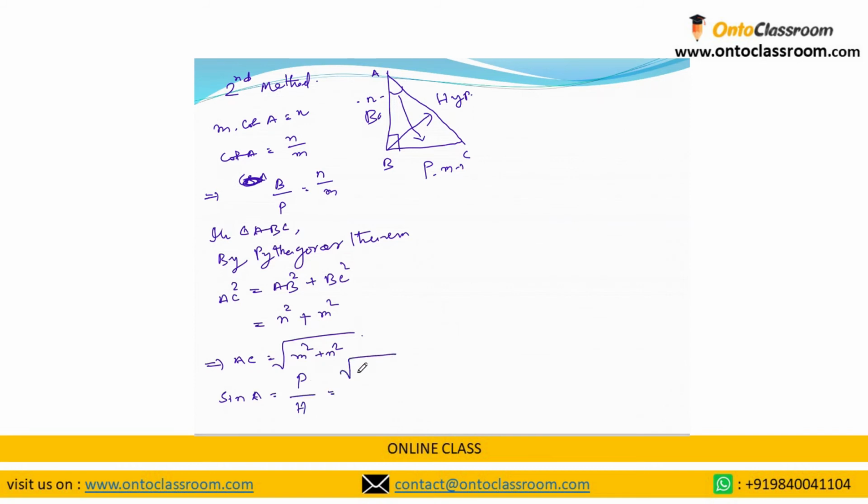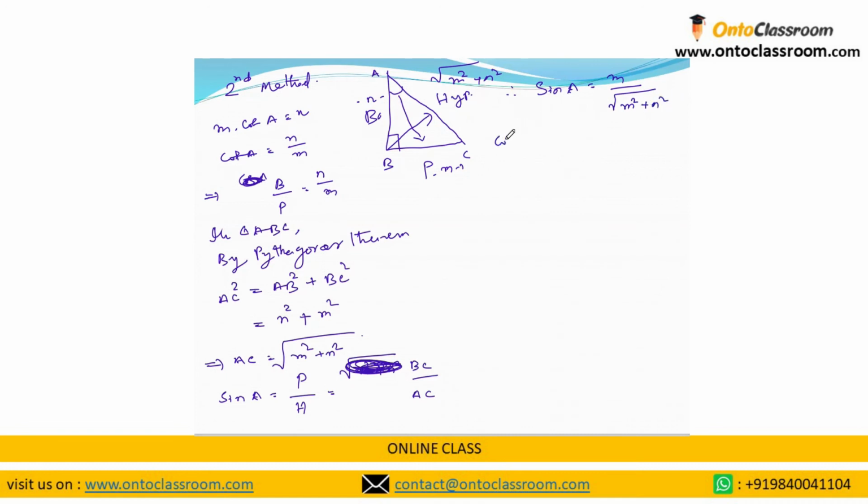Perpendicular should be BC, and hypotenuse is AC. So sin A equals BC, which is m, divided by AC, the hypotenuse, so you are getting m divided by under root m square plus n square.